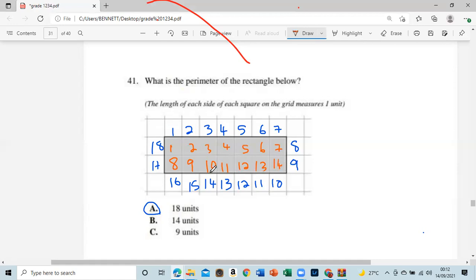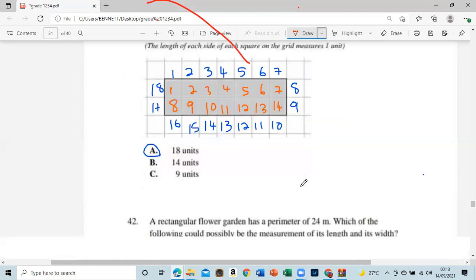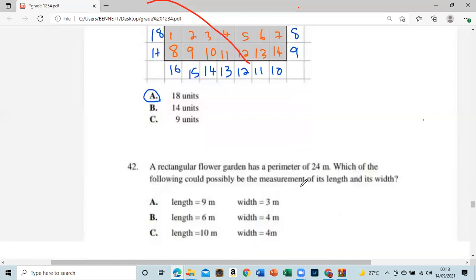So if it was area, it would have been 14, right? And you see them put the answer, just in case you don't know the difference between area and perimeter. So you must know the difference now.